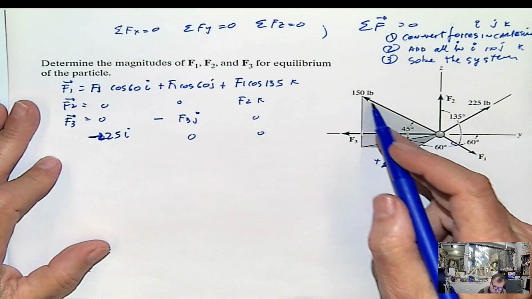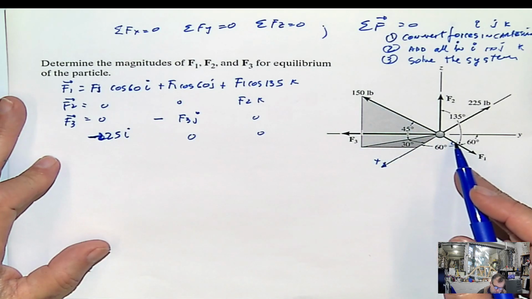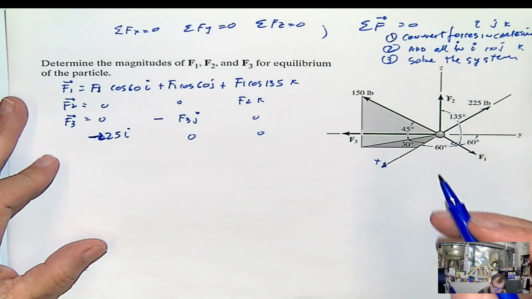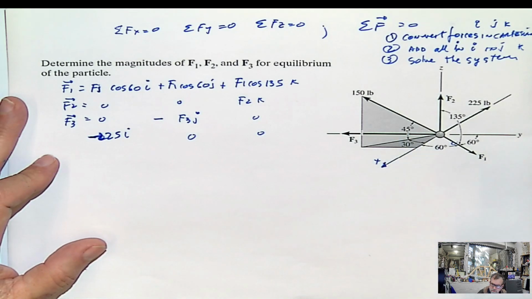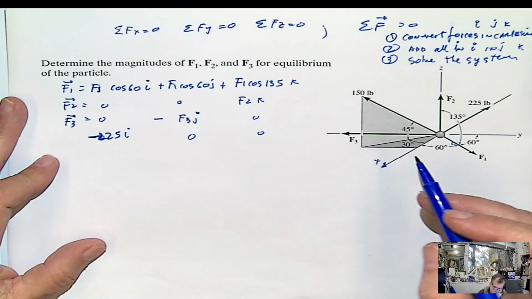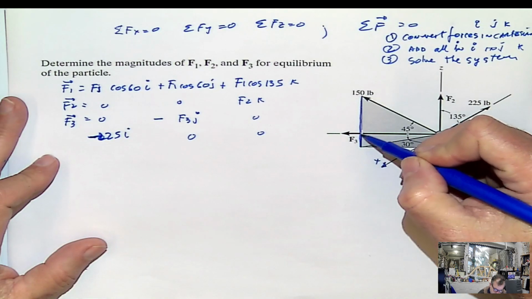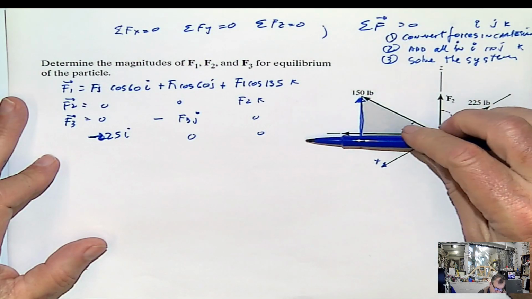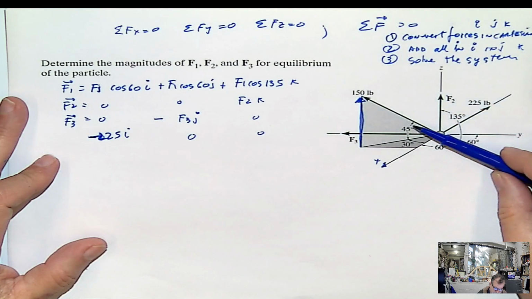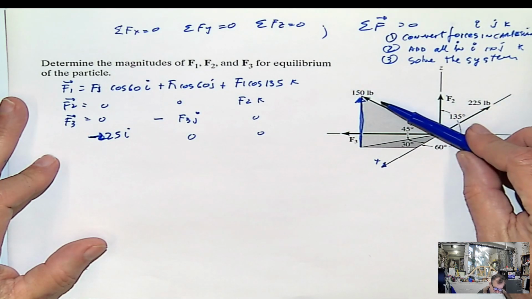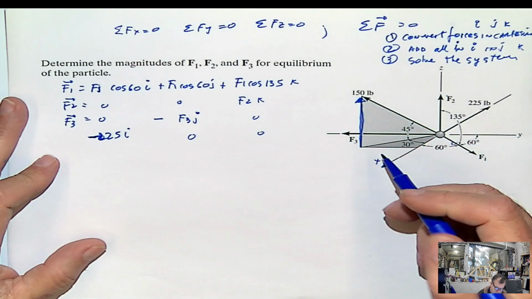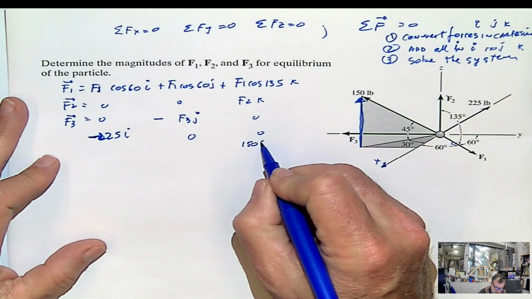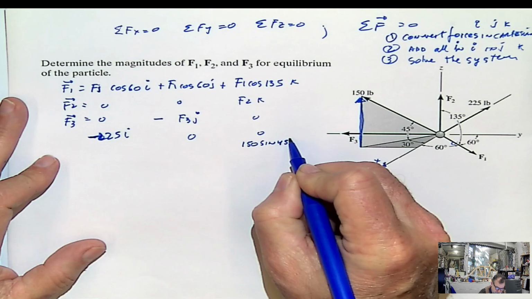And then you have this other force of 150, which we have to decompose in components. And these are projection angles. The easiest one is this component, because this angle is 45 degrees. So we have to get 150 sine 45 degrees in the k direction.